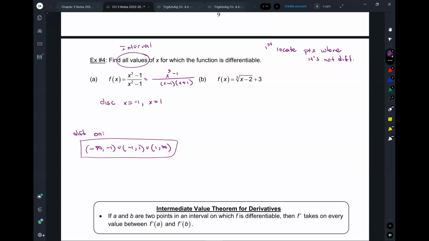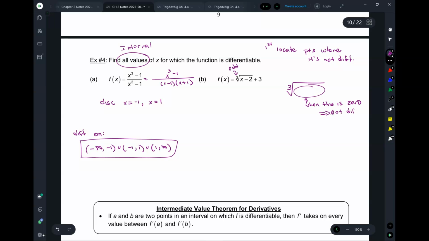The next one, you have an odd root. When you have an odd root, you look at the stuff inside the root. When this is equal to 0, it's not differentiable.